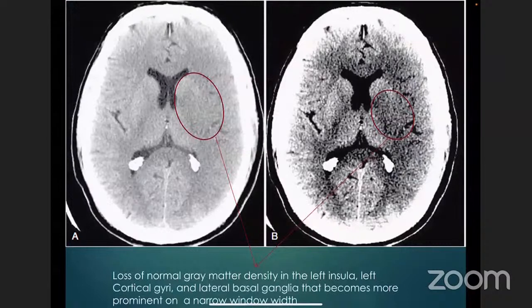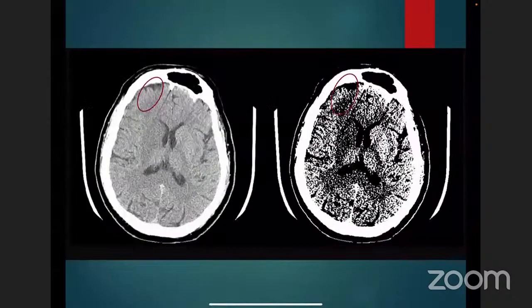There is a loss of normal gray-white matter density in the left insula, left cortical gyri, and the left basal ganglia that becomes more prominent at the narrow window width. We'll talk about the stroke window, or the window width, in this presentation. But you can see the difference if you change to the narrow width, or the stroke window width, like in this patient.